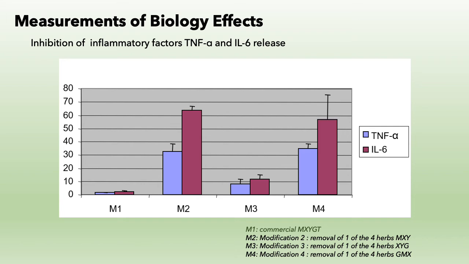You can see the effect is not as good as the original formula, but better than the other modification. So in this way, with 4 different herbal formulas, when we make a modification by reducing any of them, their biological effect is significantly reduced.